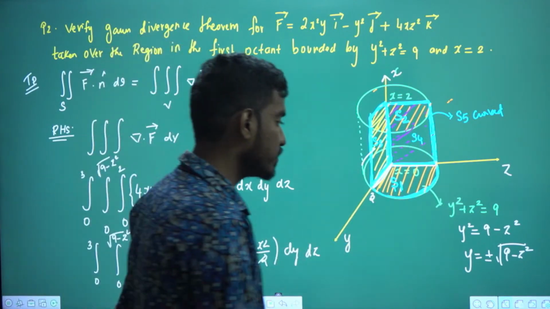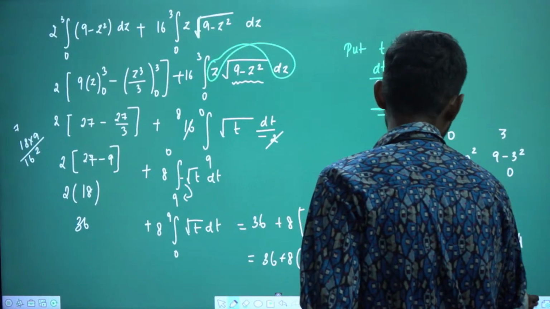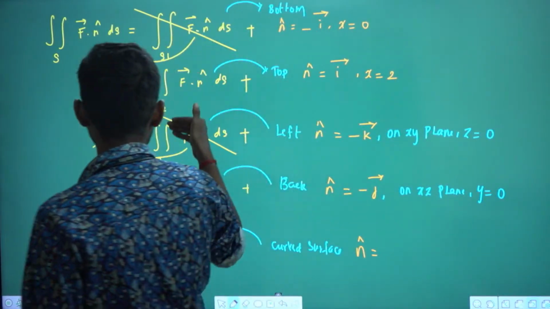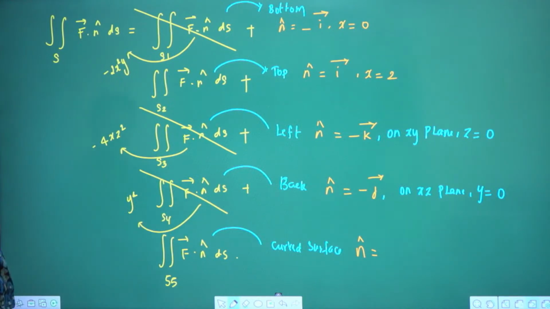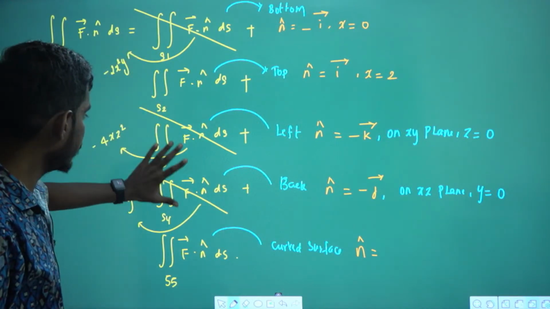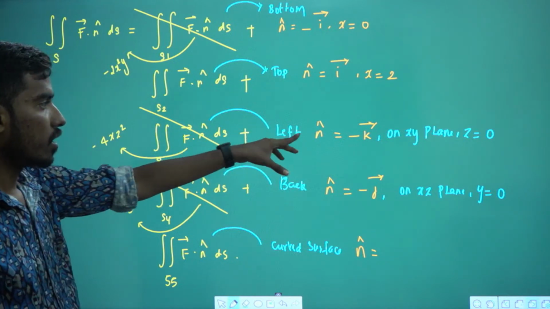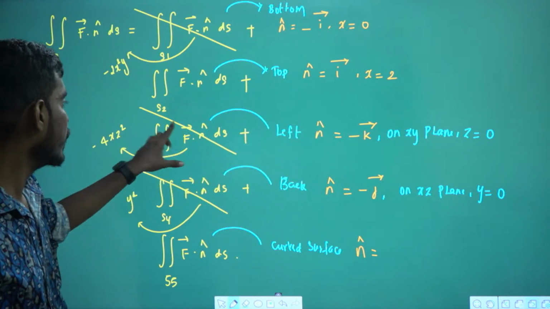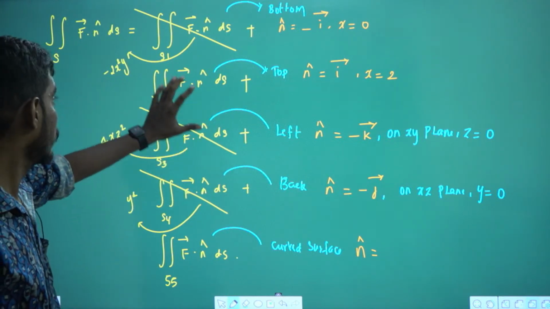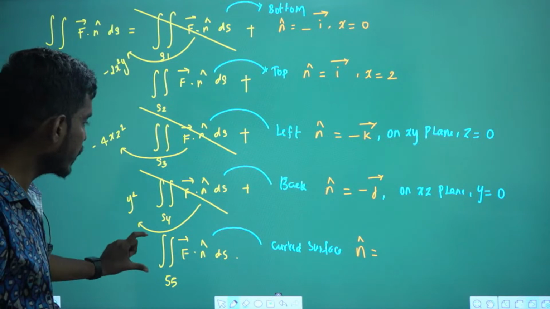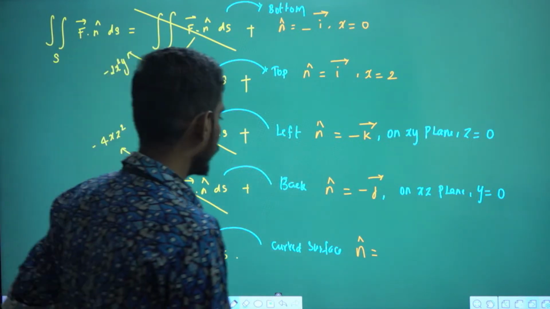Based on all this data, you can cancel out S1, S3 and S4, because on those z is 0, so f dot n cap will have z alone and it will vanish. So you will have only the top surface and the curved surface to evaluate.